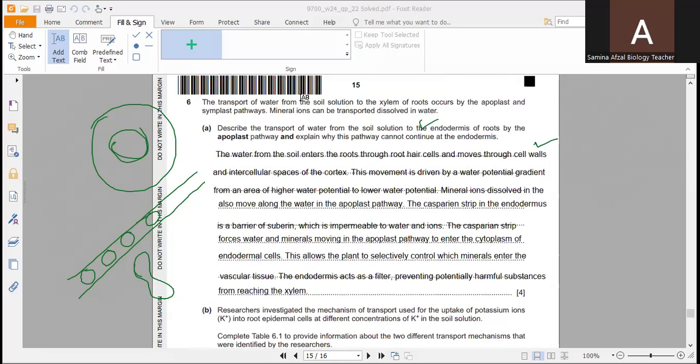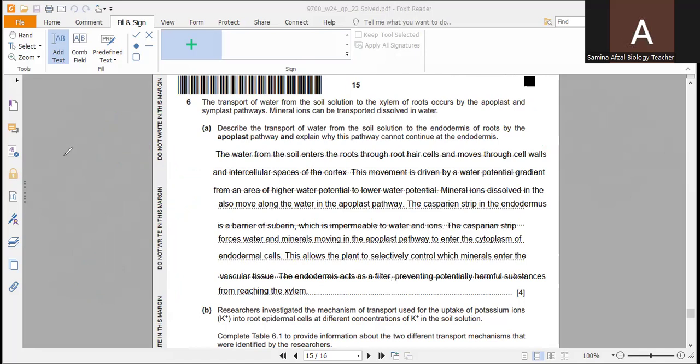Now I would like to move towards question number 6 and the transport of water. Question number 6: the transport of water from the soil solution to the xylem of roots occurs by the apoplastic and symplastic pathways. Mineral ions can be transported dissolved in water. First of all we have to focus on the two types of pathways, apoplast and symplast.